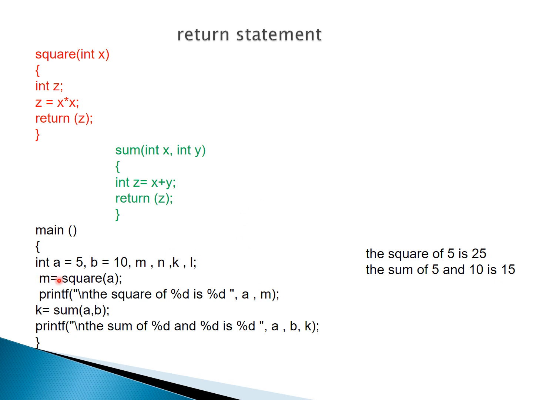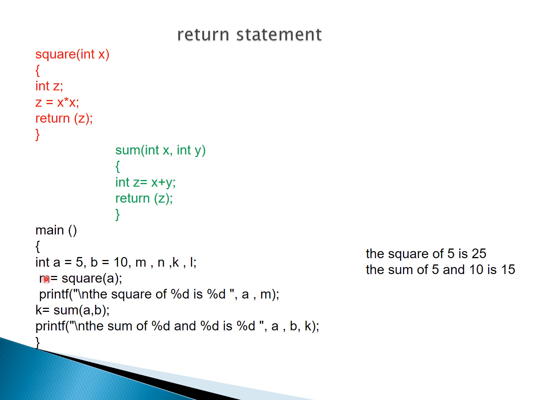We can receive this 25, this z value, or the return value of the square function, on M, N, A, B, whatever, but it should be an integer. Why? Because this is returning an integer value, so we have to receive it on an integer variable. Let's suppose if it returns a float value, then we have to receive it on a float variable.